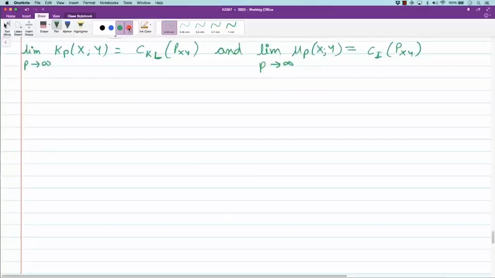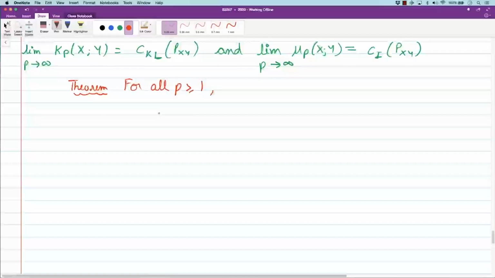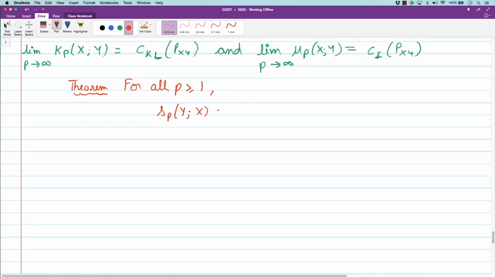So the main result that we'll present is that for each p, S_p(Y;X) is equal to kappa p(X;Y), which is also equal to mu p(X;Y).